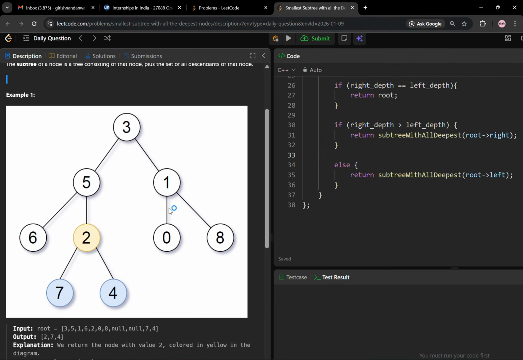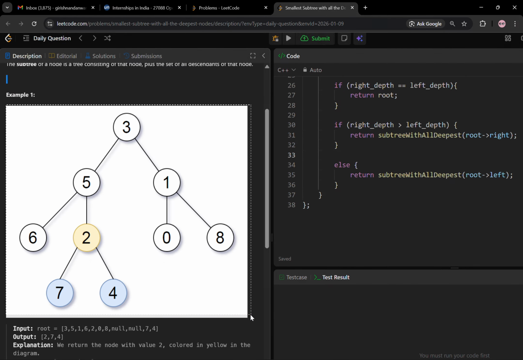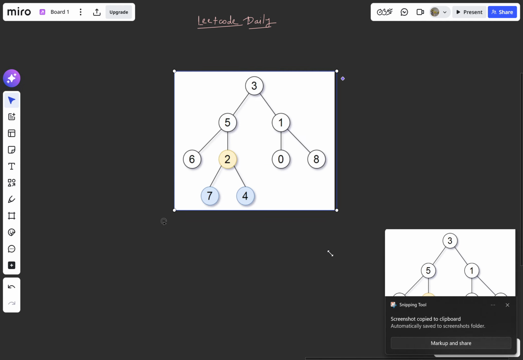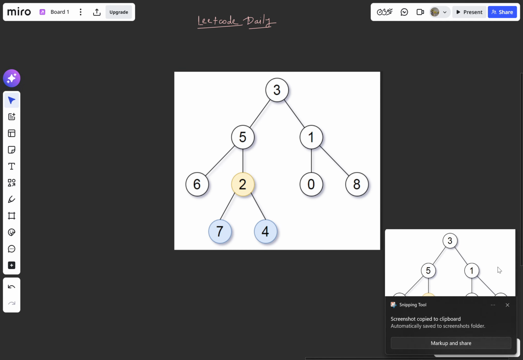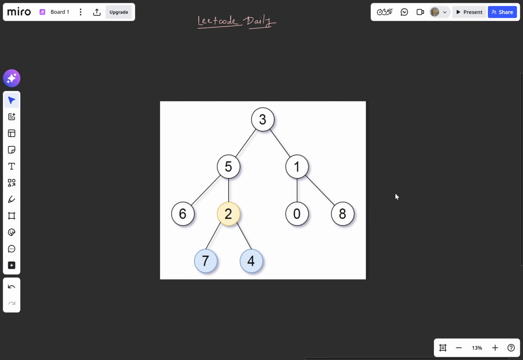So let's see what we have to return here in our answer. It's a very classical problem which is also asked in various interviews, so please be attentive. This is our example, where we have to return the lowest common ancestor, we can say.